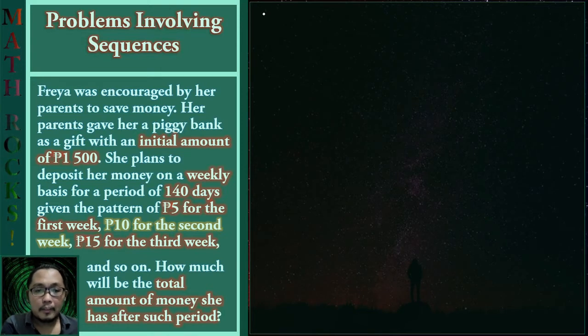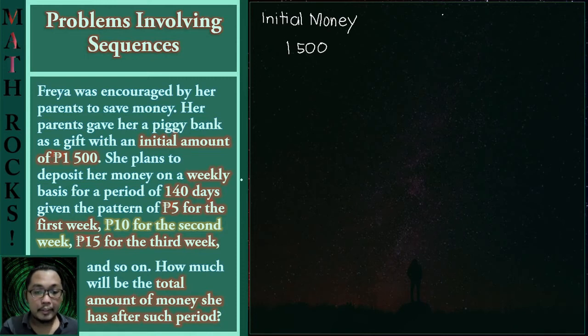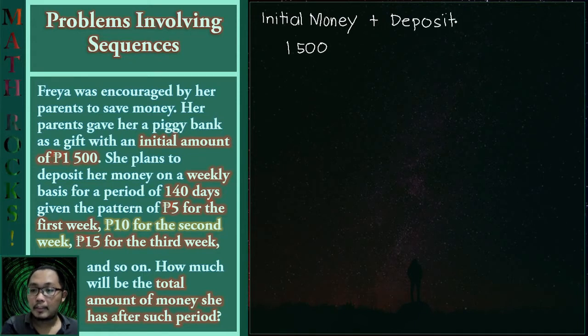So let us simply call this the initial money. You would also notice that Rhea plans to deposit her money on a weekly basis. So let us write such information here. There will be such an amount of deposited money on a weekly basis.